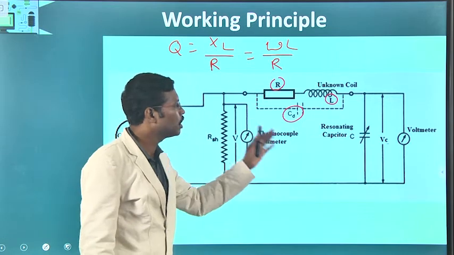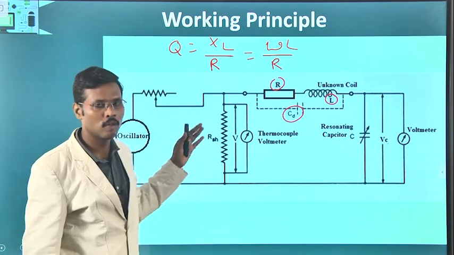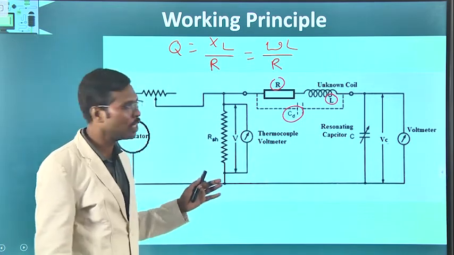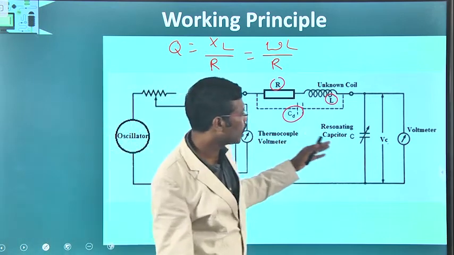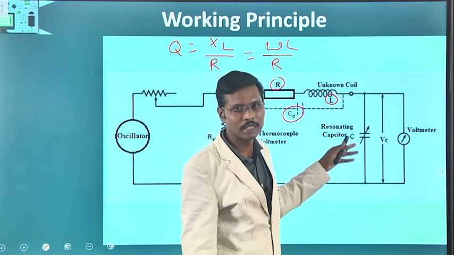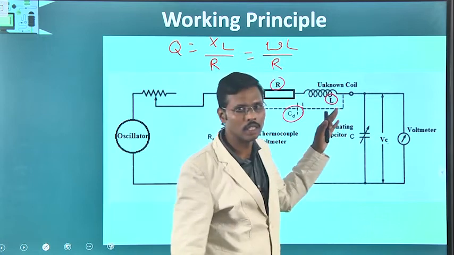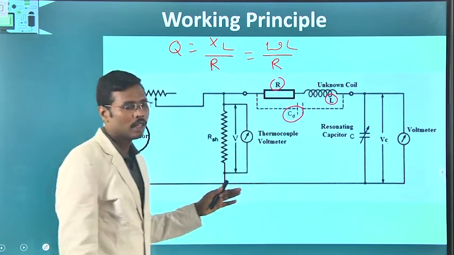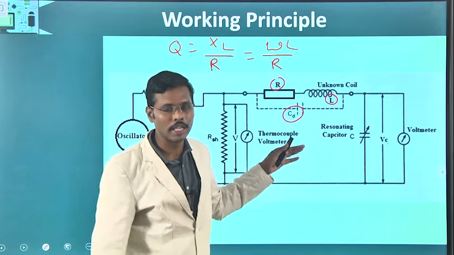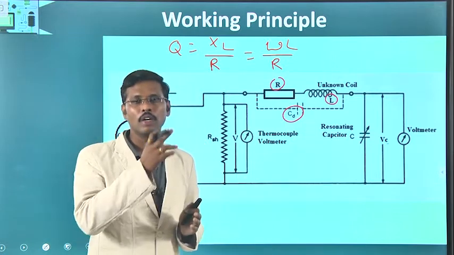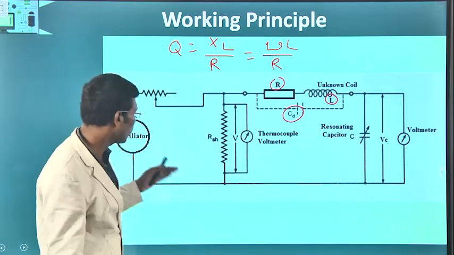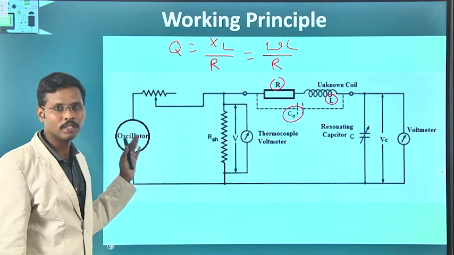So by using this measurement setup, we are able to measure the quality factor of the component by measuring the voltage across the resonating capacitor C, given as Vc. This Vc will be equal to the quality factor Q times the input voltage generated by this oscillator.